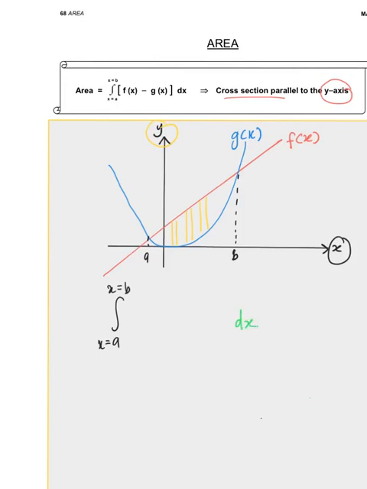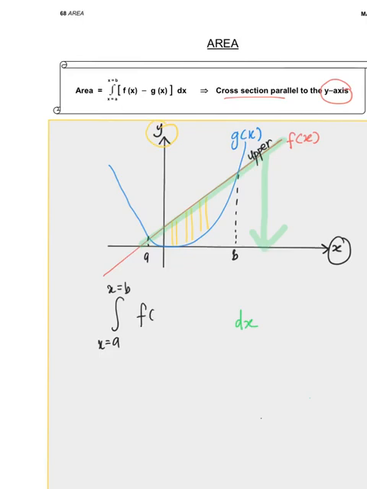Now, to identify the upper and lower function: this is our first function, the highest function in our figure, and this will become the lower function. From this part, we go down until the x-axis. So we decide the first function to be f(x), the upper function.